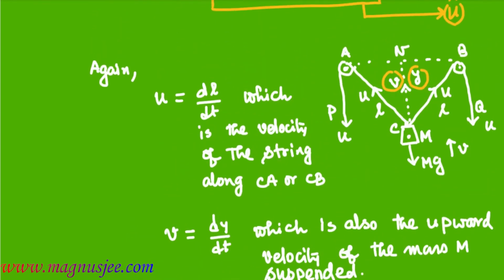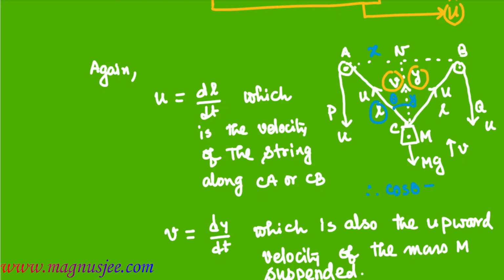So from the triangle ANC, if we denote the angle subtended by the oblique portion CA with the vertical, y is the base, L is the hypotenuse, this angle is theta, and the perpendicular is x.